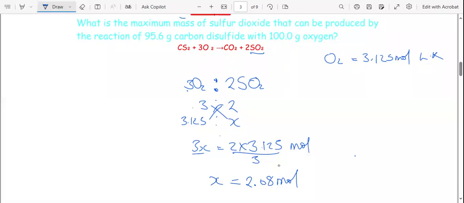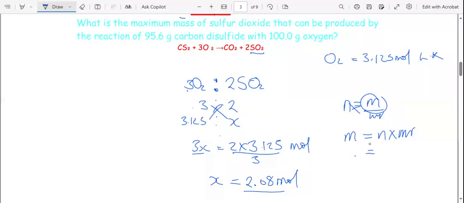Have you seen how simple it can be? Always use these mole ratios to actually associate with what they have asked you, or ratio it. So from there, we have the number of moles, and we know how to find the mass from the number of moles, which is given as mass over molar mass. So this means that we cross multiply. Mass is equal to the number of moles times the molar mass of that given molecule.